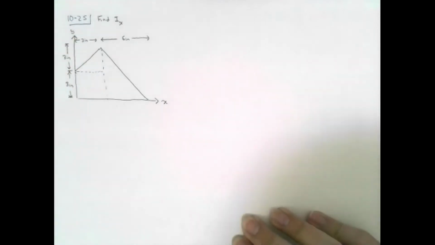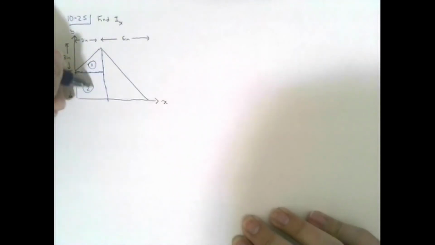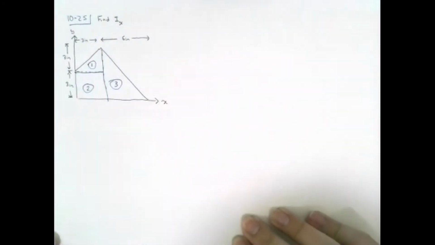So I can divide my area, and I am going to number them so that I can keep track of my results: 1, 2, and 3. If I want to find the moment of inertia for this composite area, let's recall that the moment of inertia for a composite area is simply equal to the sum of the moments of inertia for the individual areas.